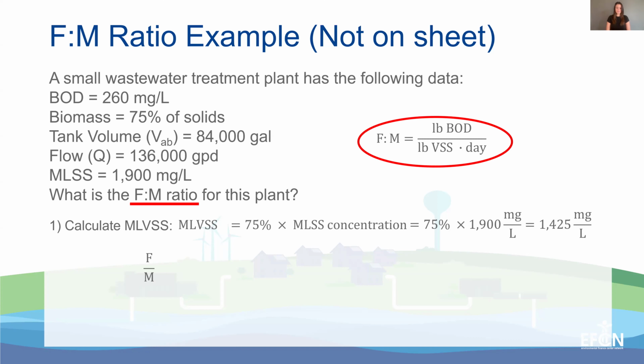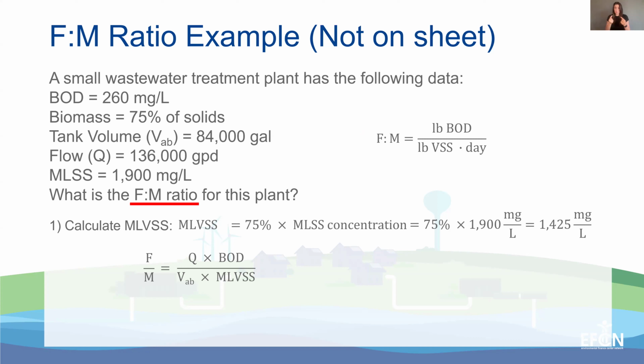And again, how do we get to that pounds of BOD per pounds of VSS per day with this data? Well, we have to plug in my BOD loading over my concentrated biomass solids. So we take my F-to-M ratio equation of my flow times my BOD, which we know is our loading, and then divide that by the amount of living suspended solids in my reactor.